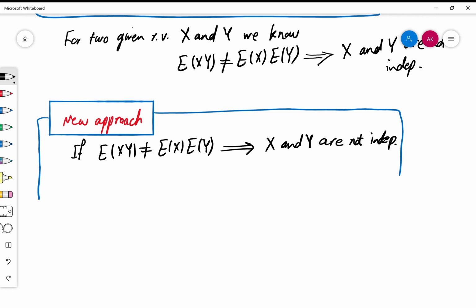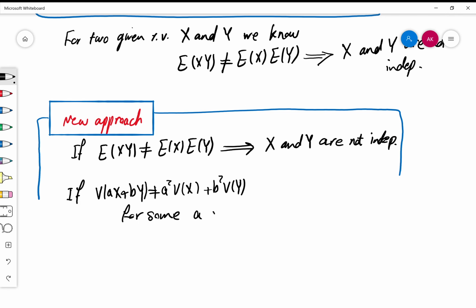And similarly, if V(aX + bY) is not equal to a squared V(X) plus b squared V(Y) for some constants a and b, then right away we can conclude that X and Y are not independent.